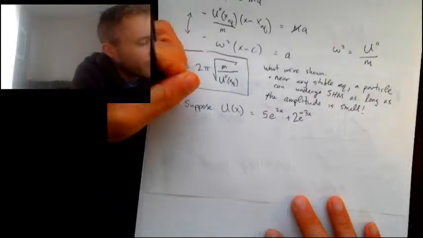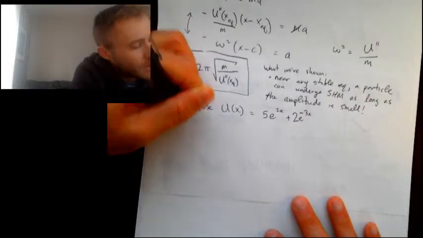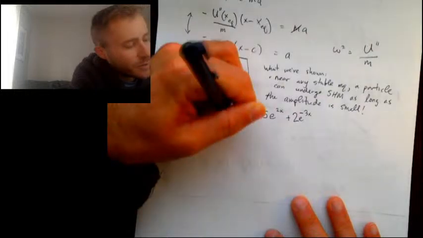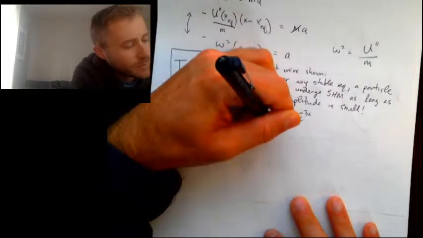Find the period of small oscillation about the equilibrium.